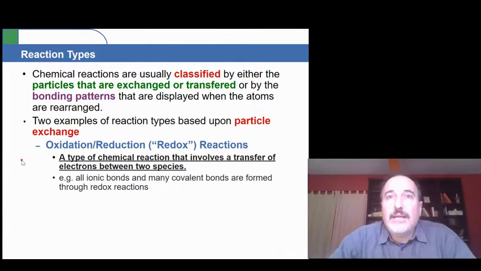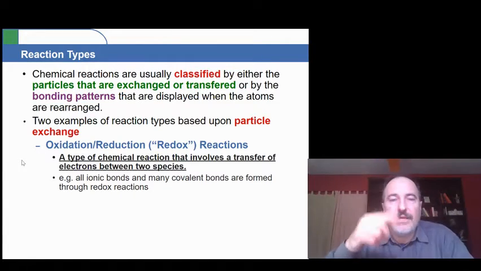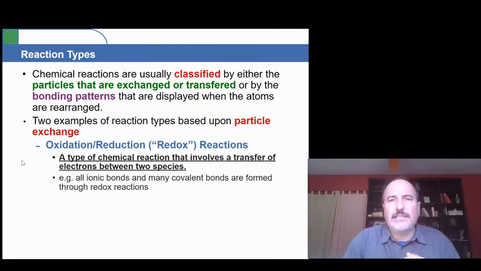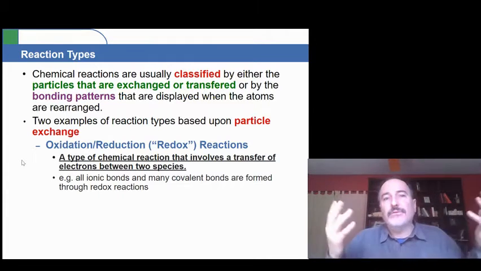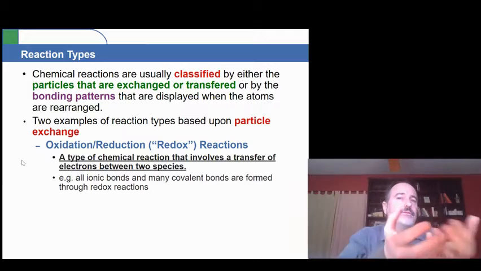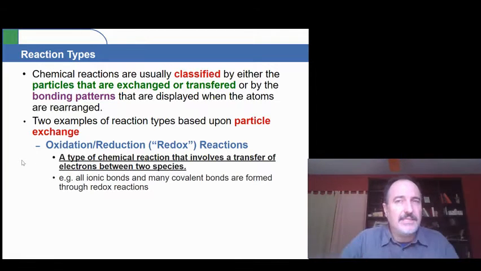And all ionic bonds and many covalent bonds are formed through redox reactions. Remember, ionic bonds, definitely you're thinking, okay, yeah, for sure, something's going to get exchanged. Metals are going to lose electrons, non-metals gain electrons. That makes sense.